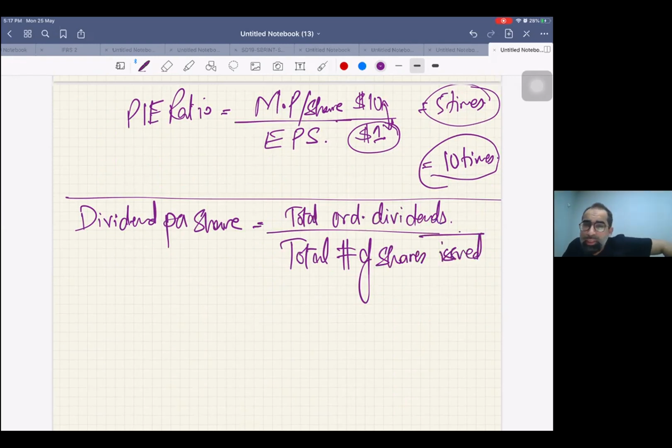Total number of shares issued, this is dividend per share. Okay, right, simple. And yes, shareholders also value the per share dividend.